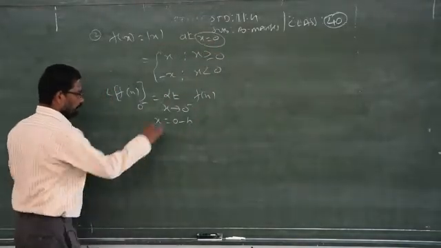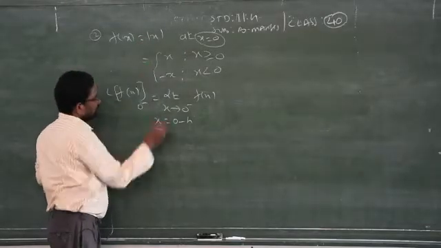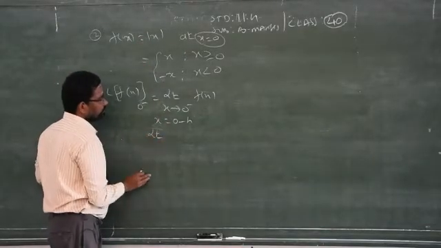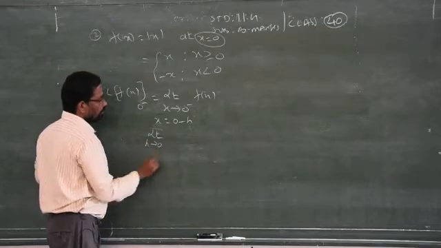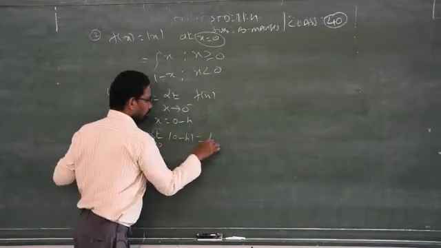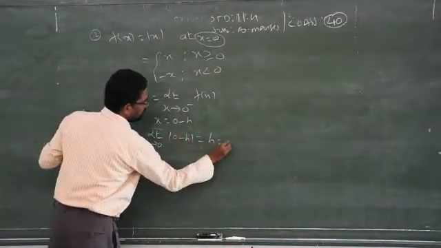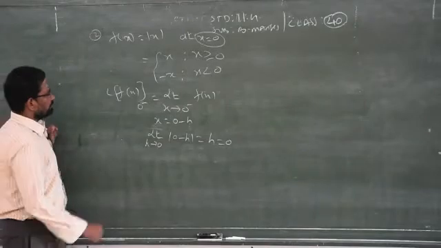Clear? Therefore, x is replaced by 0 minus h. Replace in the question, that is limit h goes to 0 modulus of 0 minus h, which will give you h. Clear? Then h goes to 0. What will be the answer? 0. 0 is your answer.